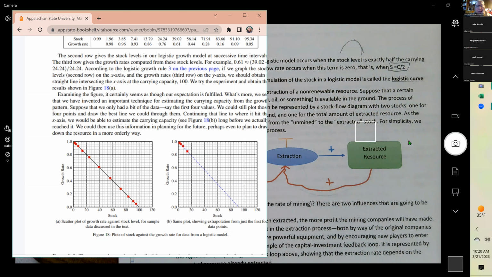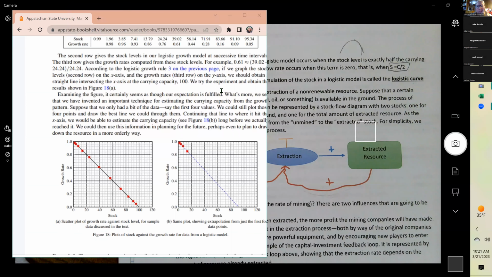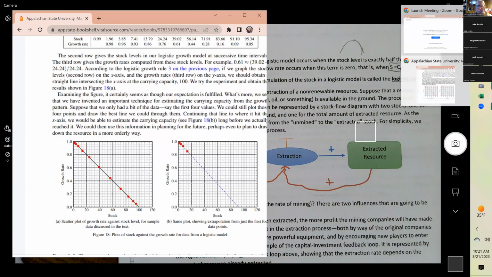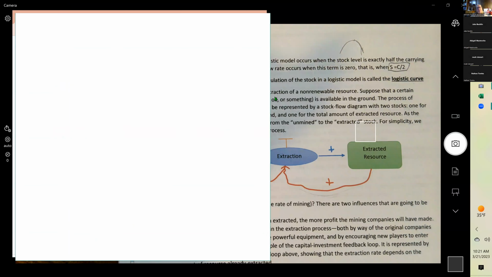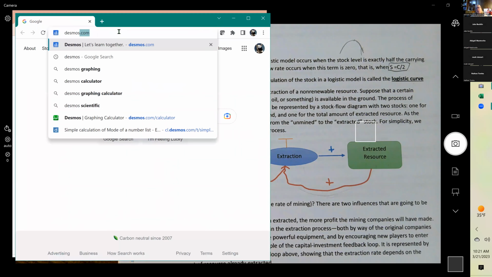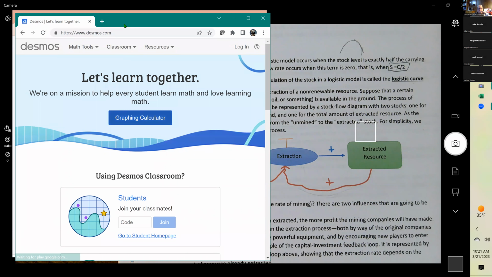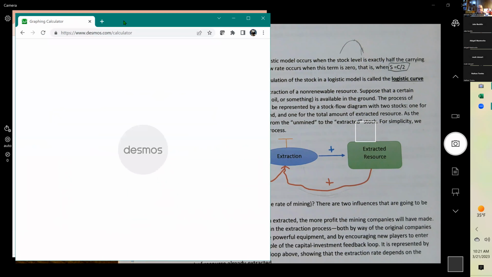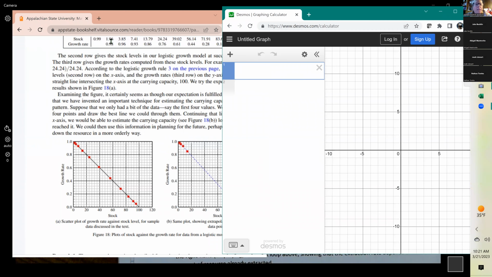But on Desmos.com, you can plot the points.